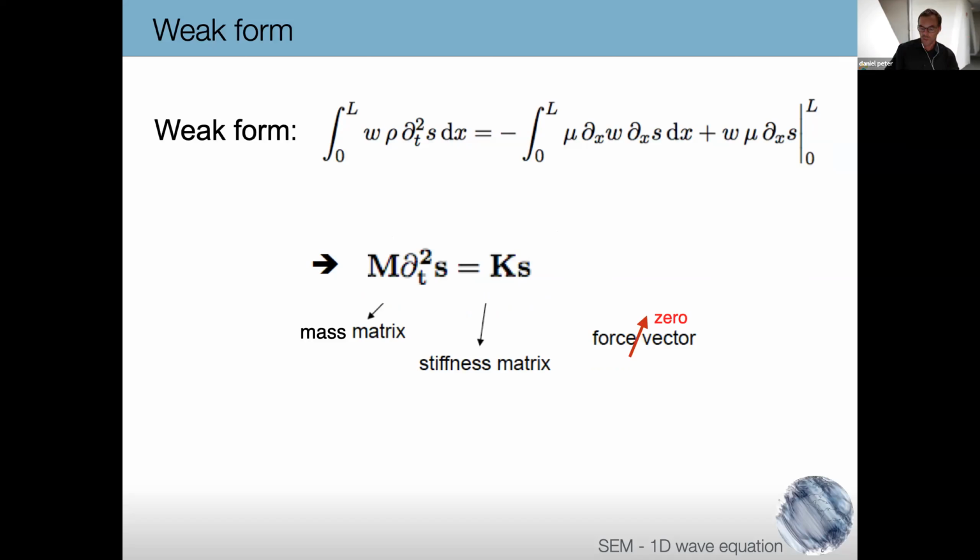So it basically means that if we want to compute what the acceleration is, if you look here in the matrix form, acceleration is this second order time derivative of S, would be 1 over m times the right-hand side, the force minus k times S. So when we compute that, we actually compute the acceleration.